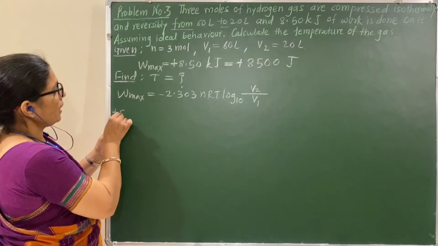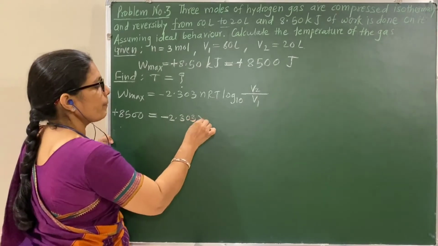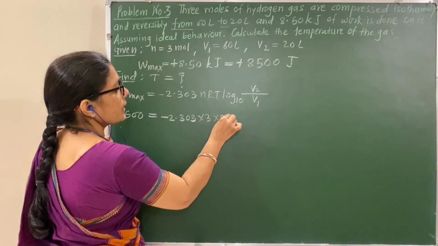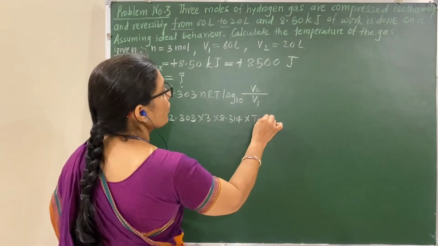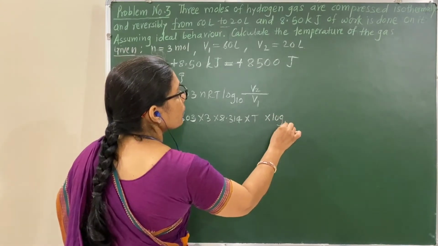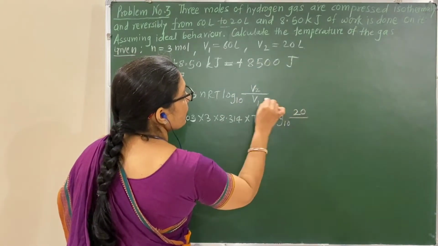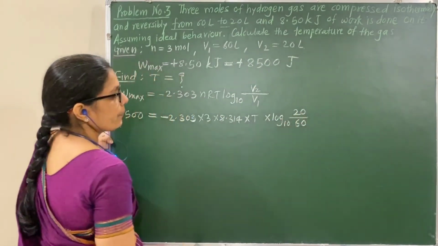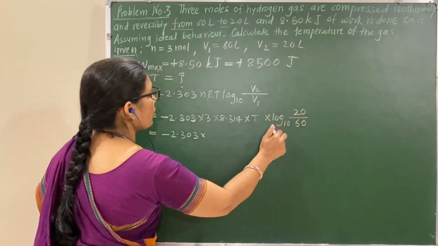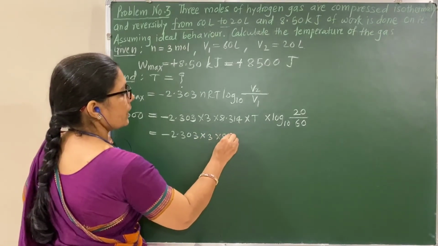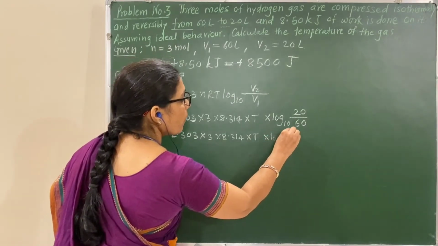Next, now here 8500 is equal to minus 2.303 into n, 3 moles, R is 8.314, then temperature T, which we want to find out, into log to the base 10, as V2 is 20 and V1 is 60. Okay. First solve this part, that is 8.314 into T into log 1 by 3.